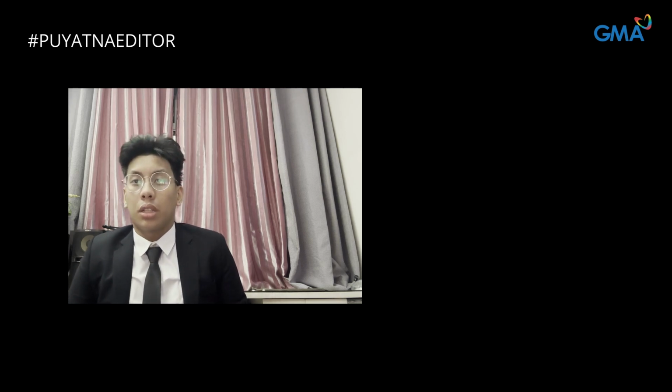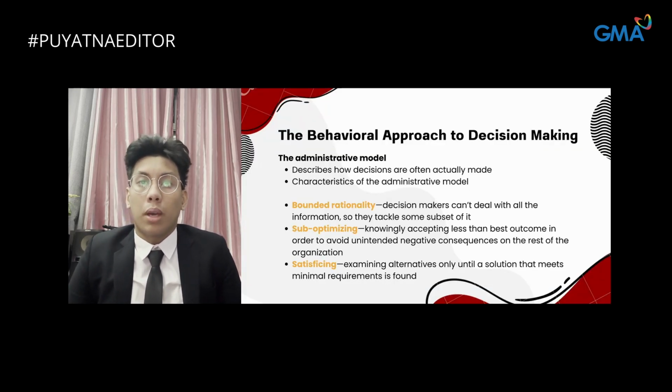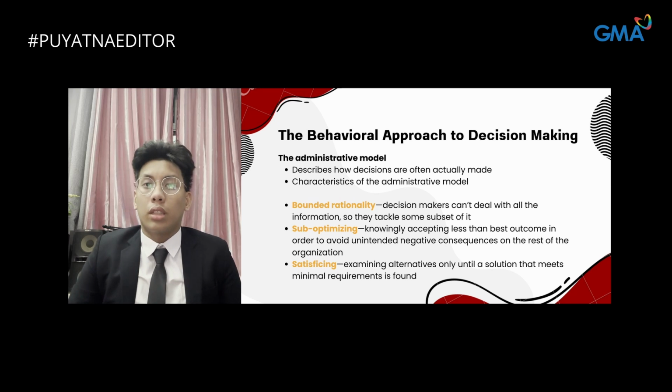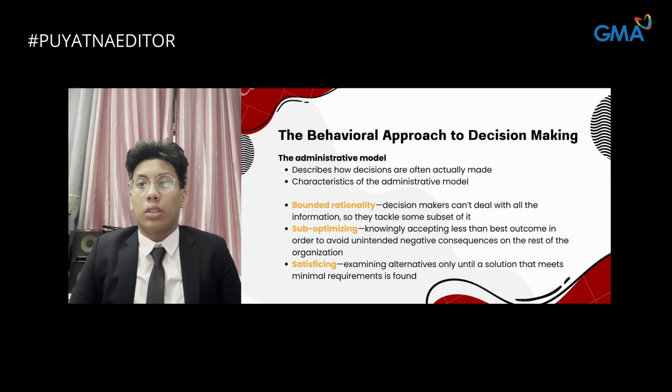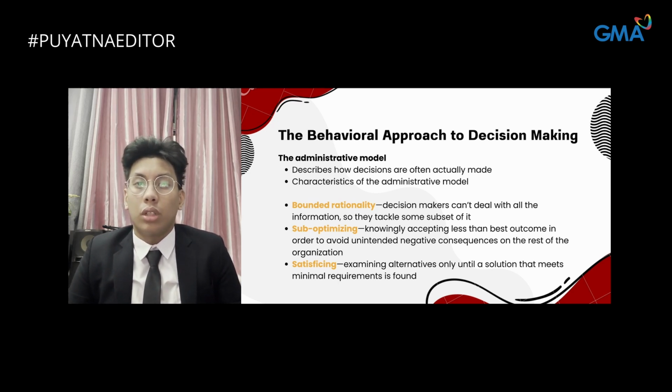Bounded rationality suggests that individuals may seek the best solution to a problem, but are limited by the complexity of processing all information, generating all possible solutions, and choosing the best solution. Sub-optimizing knowingly accepts less than the best outcome to avoid unintended negative consequences for the rest of the organization. Satisficing is examining alternatives only until a solution that meets minimal requirements is found.